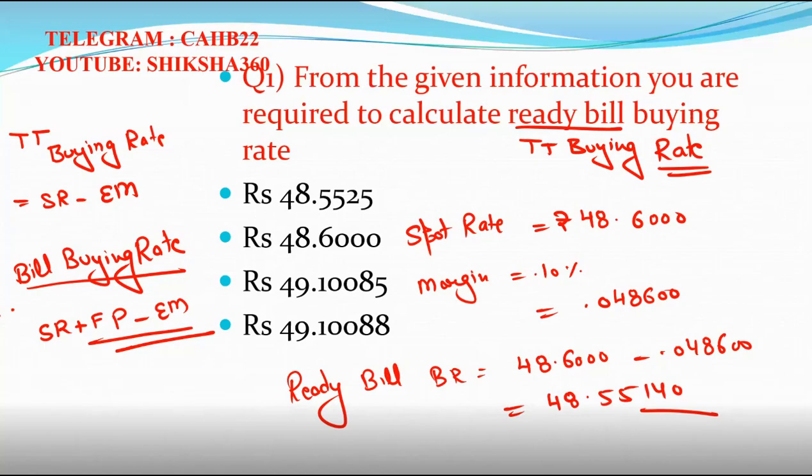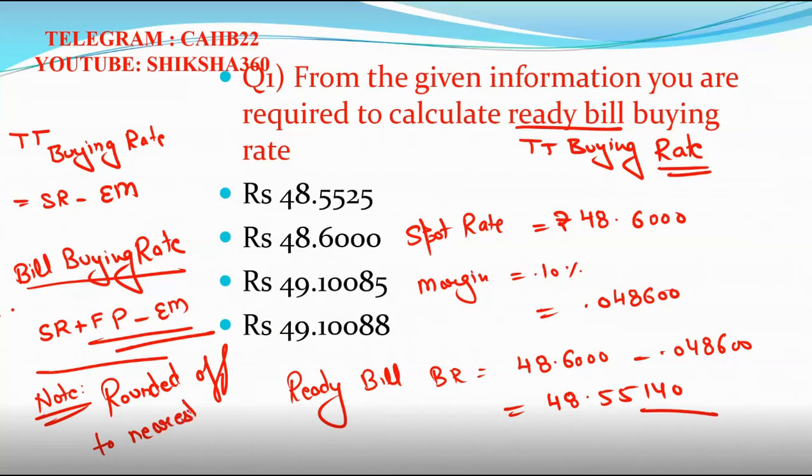But here one question arises: this option is not available, as we have four options: 48.5525, 48.6000, and two others. When we covered this concept in class, we discussed one point in the form of a note: we have to round it off to the nearest multiple of 0.25.